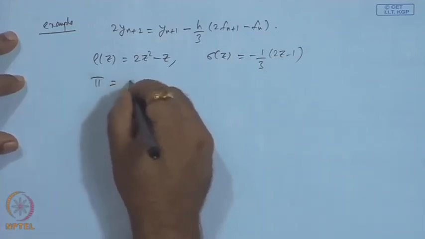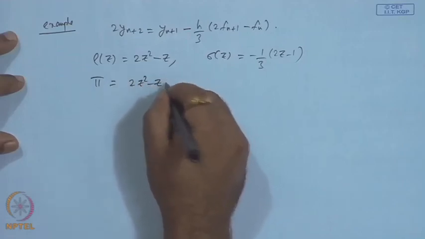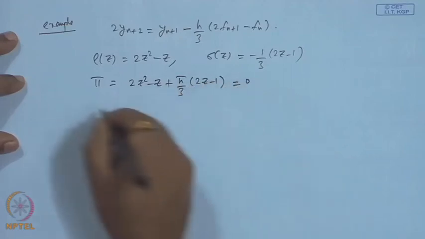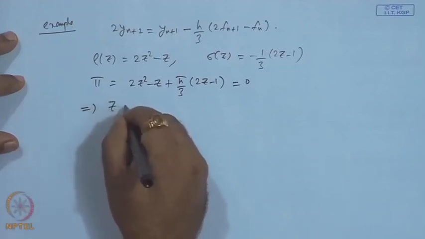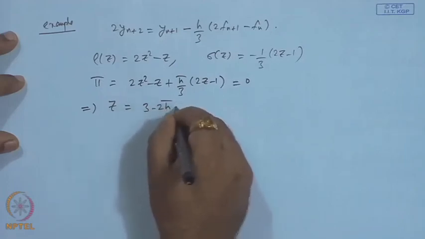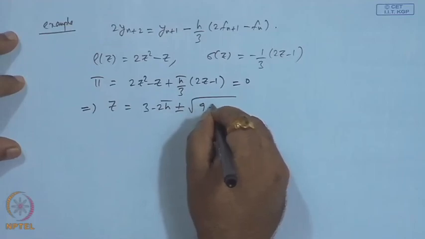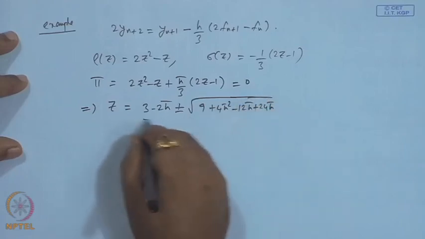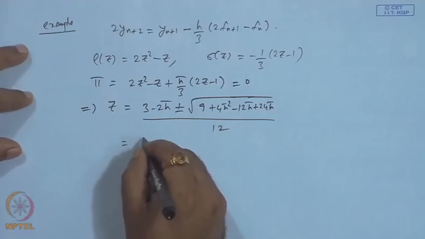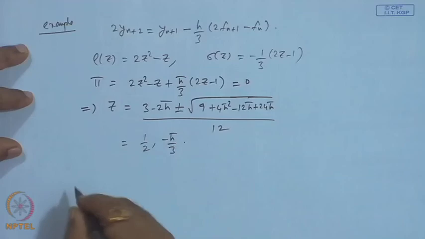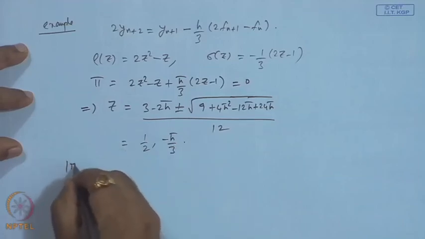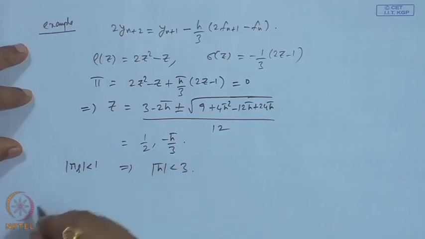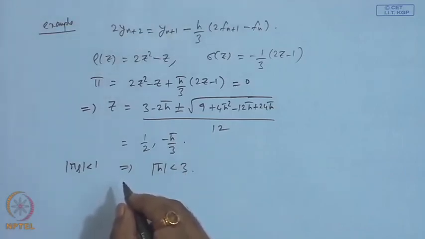So, pi is, so this equals to 0, this implies z equals to, so we need the region, so this implies, so this is the region, okay, right.